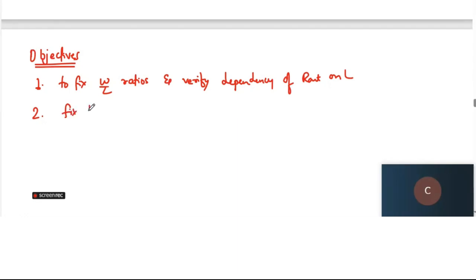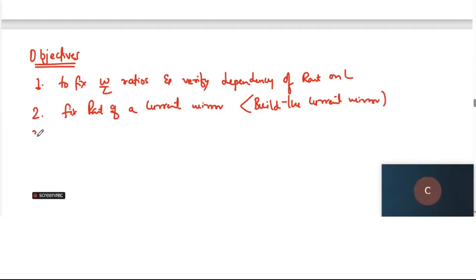The second objective is to fix R out of a current mirror. In fact, before that, we need to build the current mirror. We'll build that and then we'll fix that. And third is to find I out, the output current, which we are going to generate from the current mirror.